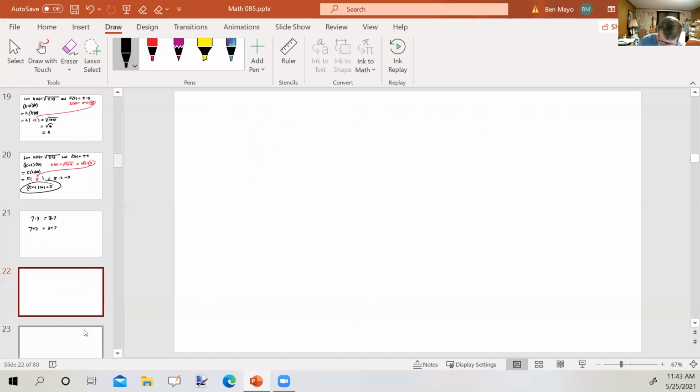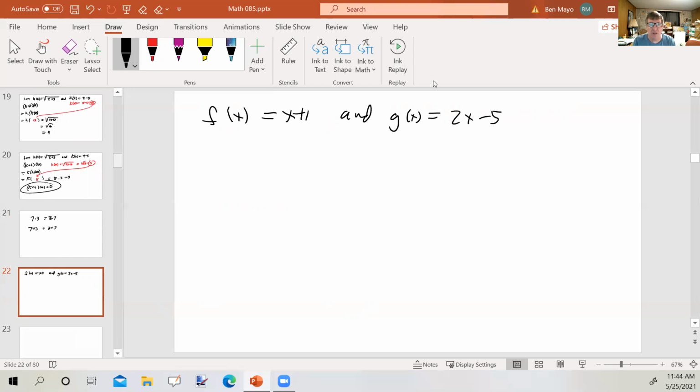So we're going to take f of x equals x plus 1 and g of x equals 2x minus 5. So the question is, is f composed with g of x equal to g composed with f of x?